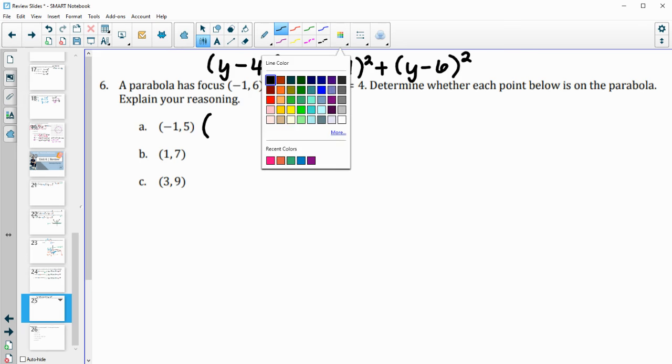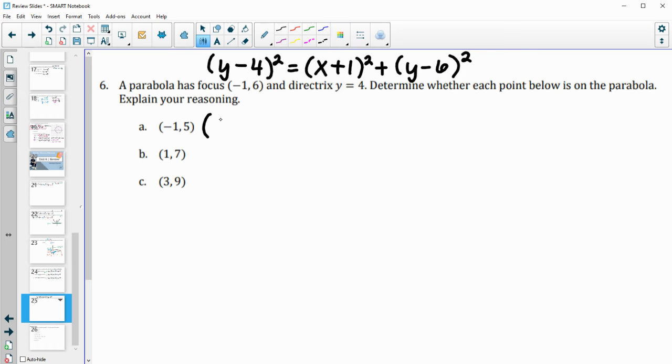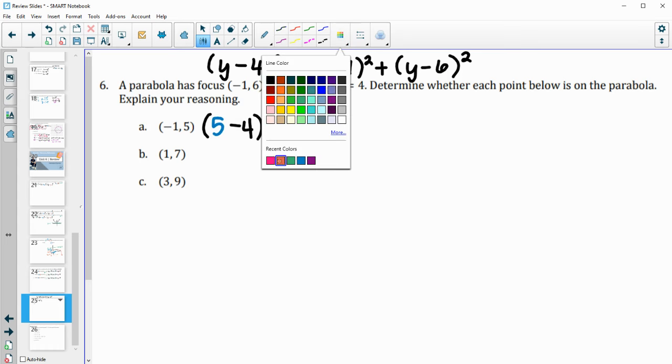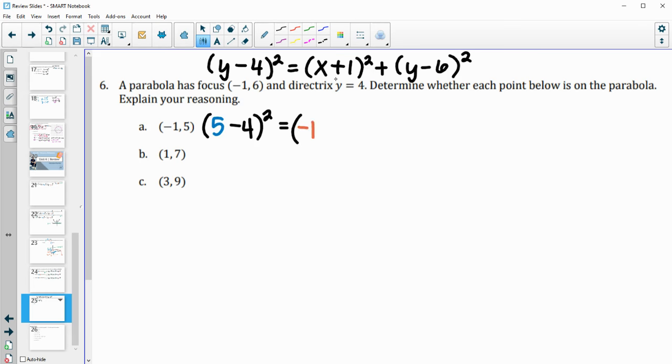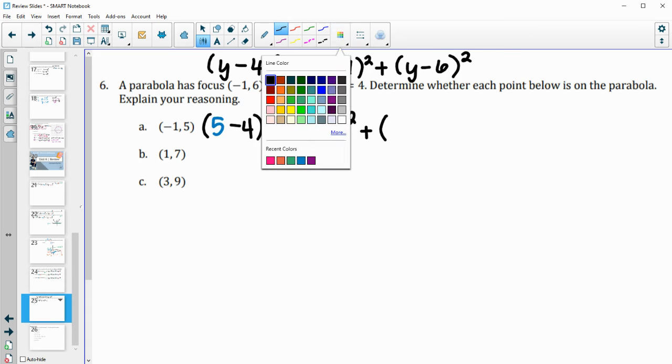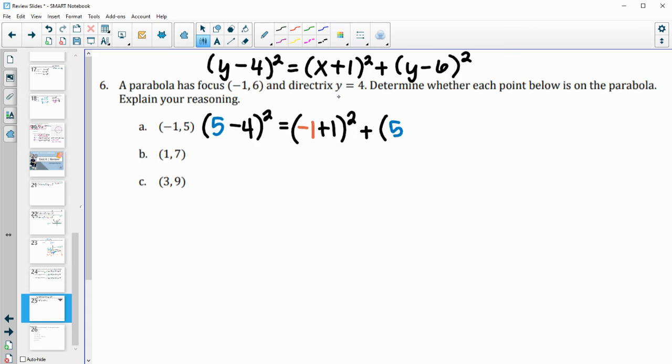So we're going to be doing the y coordinate, which is 5, minus 4 squared. That should equal the x coordinate, -1 plus 1 squared, and then plus the y coordinate, which is 5, minus 6 squared.